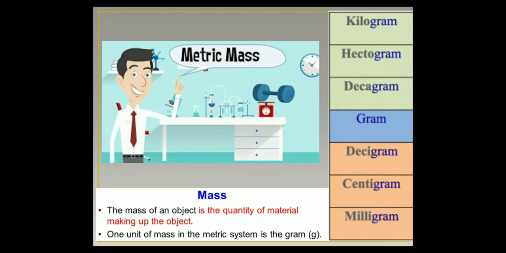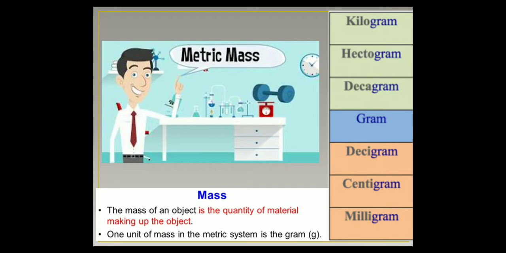Fine. Now next comes mass. Next we are going to see about metric mass. What do you define by mass? Now you know what length is. In the same way, what is mass? The mass of an object is the quantity of material making up the object. If I'm going to weigh a tomato, the particles that are joined to form that tomato, that is what we call mass.